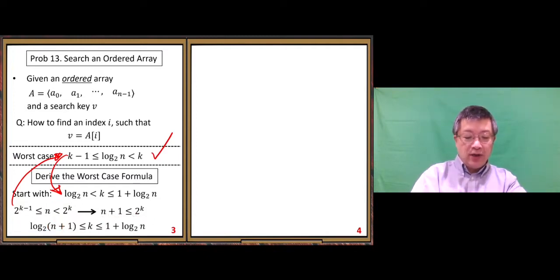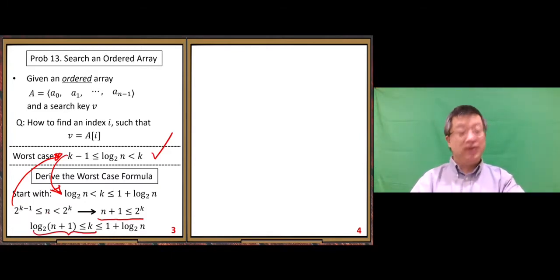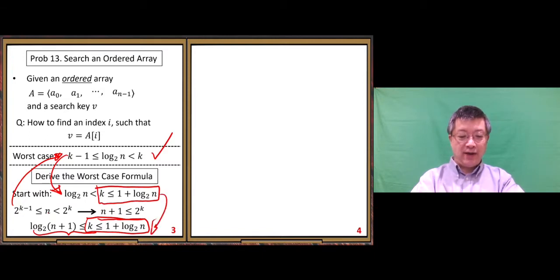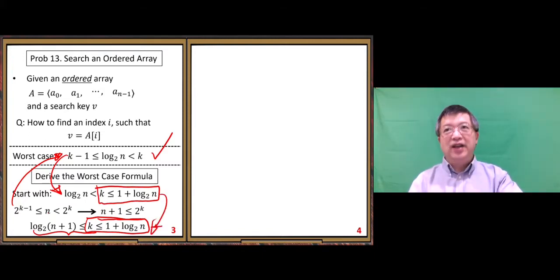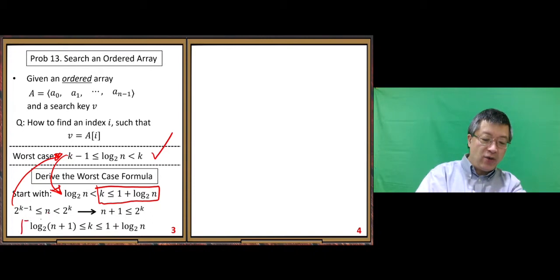Look at this part. We take log base 2 on both sides, and we get this inequality. This part comes from here. So finally, we get a new inequality.